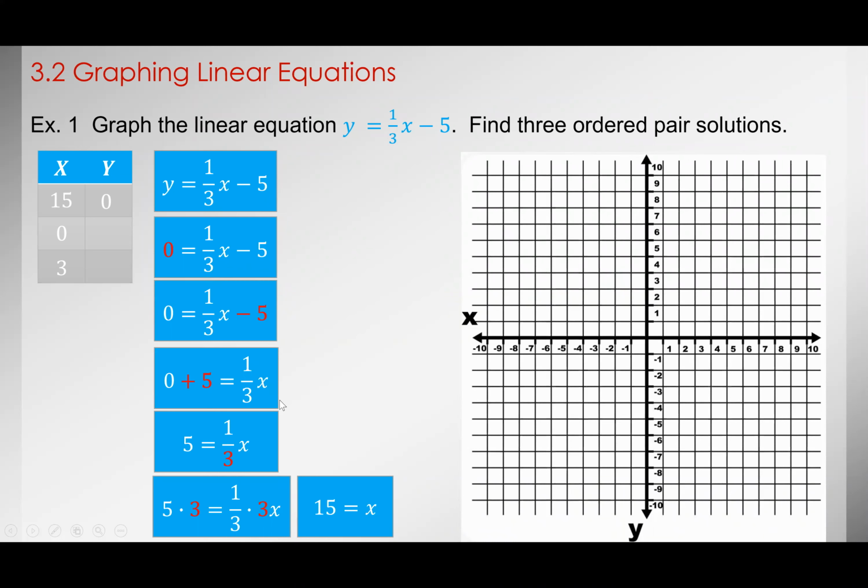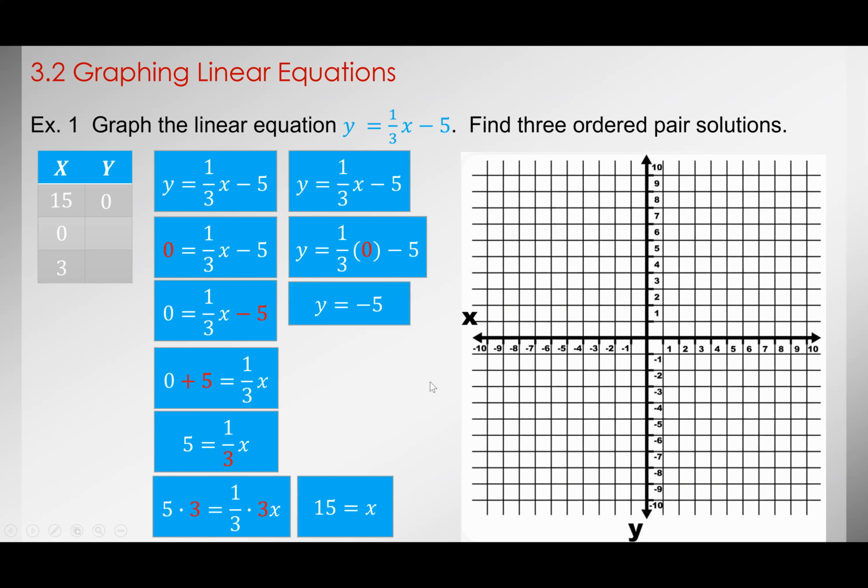So I know that the first value I have is 15. I should not choose that number for graphing, because if you look at my graph, I don't have 15, but just assume that there is a 15 somewhere out here, okay? And I plug in the 0 for the x, and life is good, because 1/3 of 0 is equal to 0, which is now my Y by itself. I have -5, I'm done.